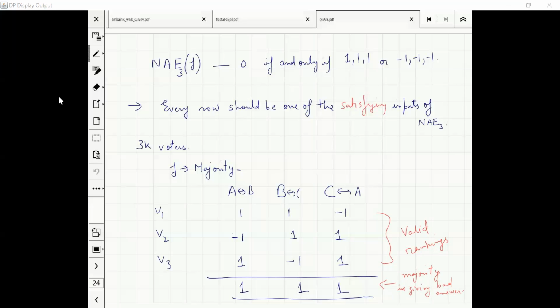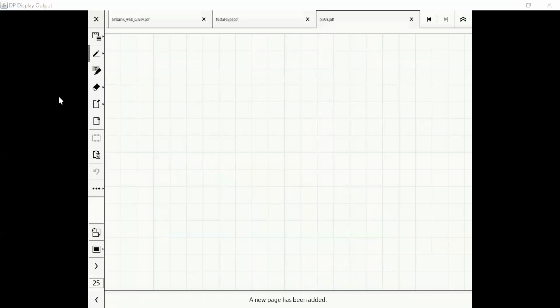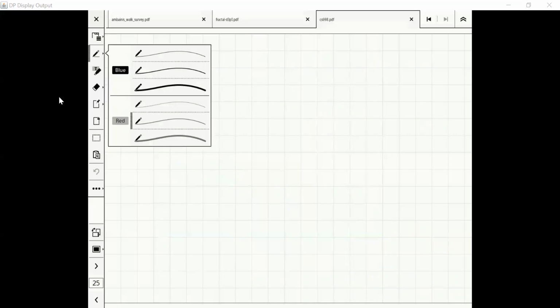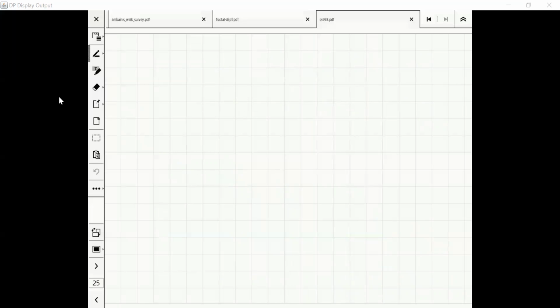Okay. Let me define a term which will make it easier for me to describe Arrow's theorem. It is called Condorcet winner. What is the Condorcet winner? If fx, fy, fz give rise to a valid ranking, then the winner is called a Condorcet winner.